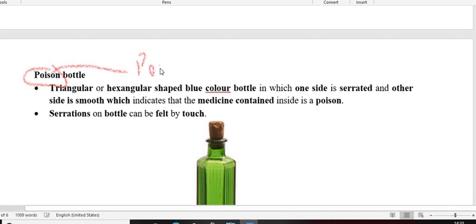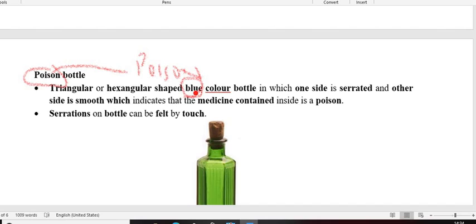The second important point is that this is either triangular or hexagonal in shape, and one end is serrated, another end is not serrated. So triangular or hexagonal shaped, then blue in color. This is very important, as in the case of the amber color bottle, that is brown in color.